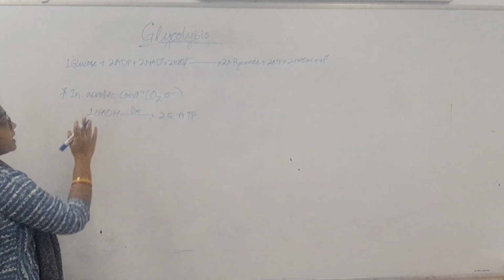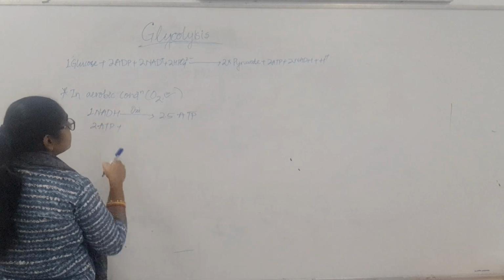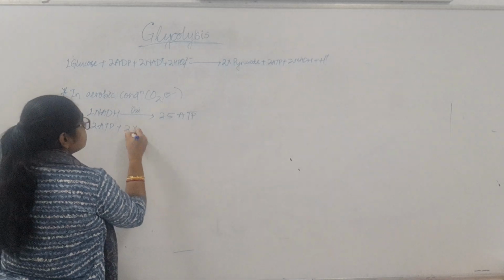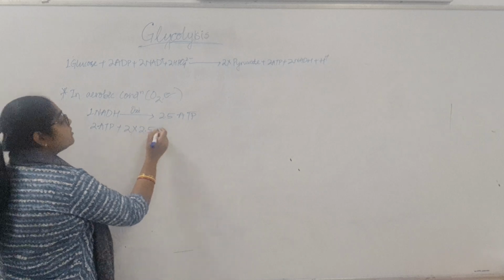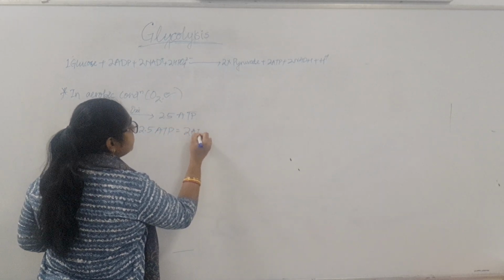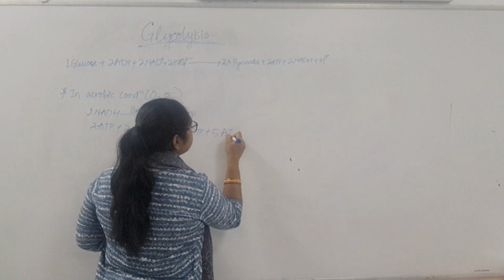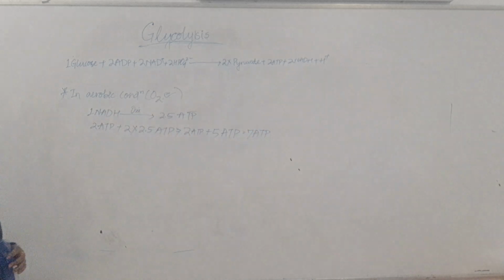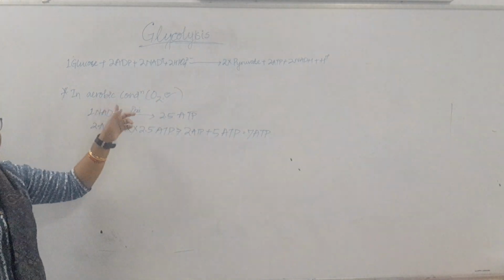So in aerobic condition we are getting 2 ATPs directly from 1 glucose molecule, plus 2 NADH, that means 2 into 2.5 ATP, that is 5 ATP. We are getting a total of 7 ATP in aerobic condition from 1 glucose molecule.